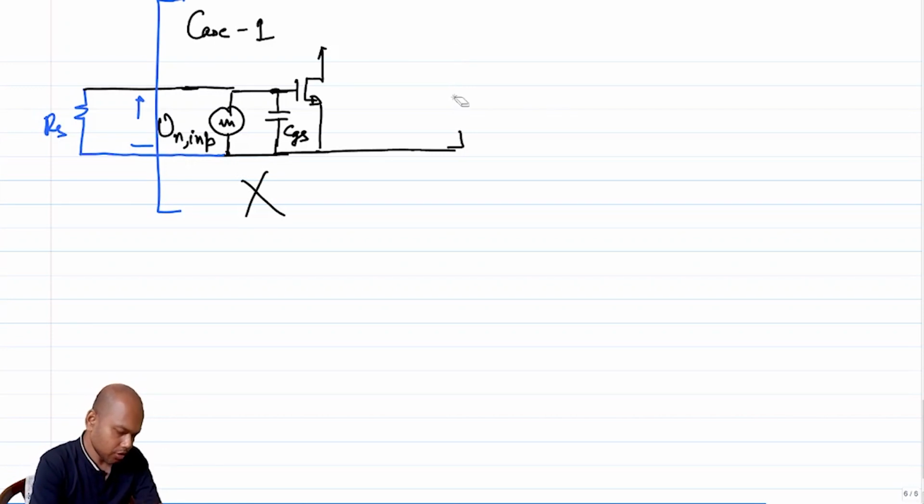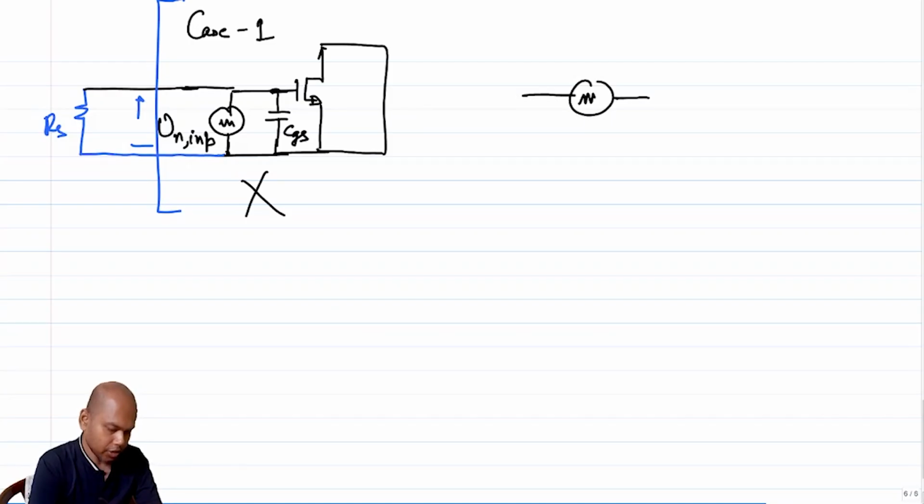Can I use this other option, which is to use a noise voltage source in series?